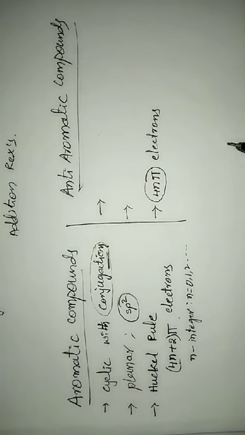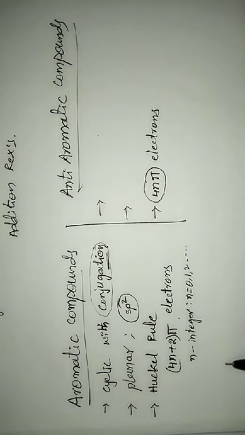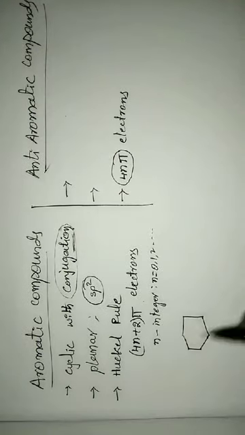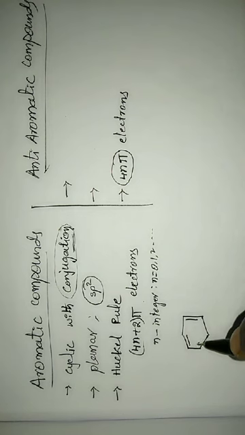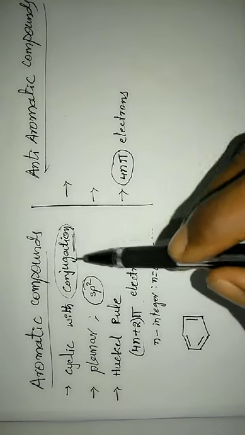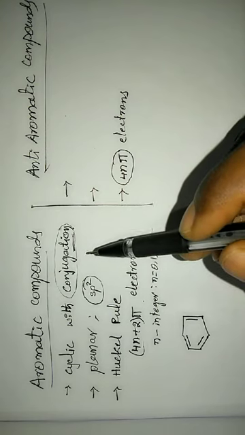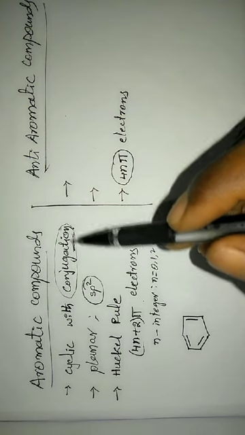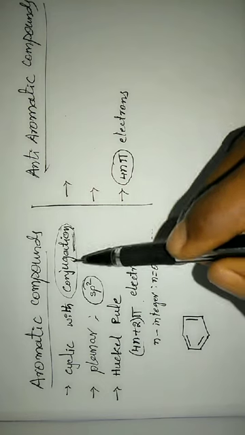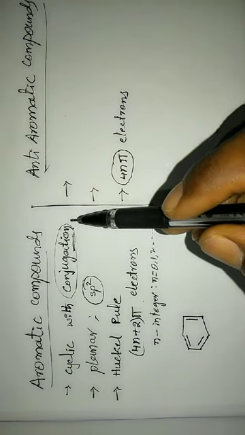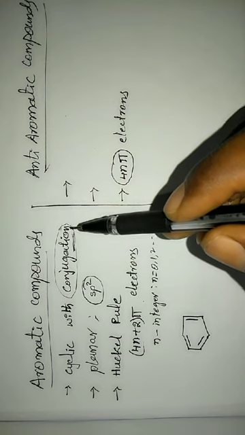Now let us see one example. If you take benzene, one more thing: conjugation means alternate double bonds, or double bond, single bond, lone pair, or double bond, single bond, positive charge, or double bond, single bond, negative charge.